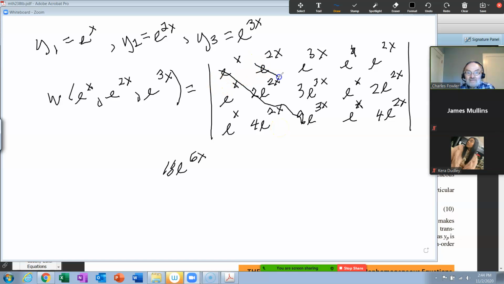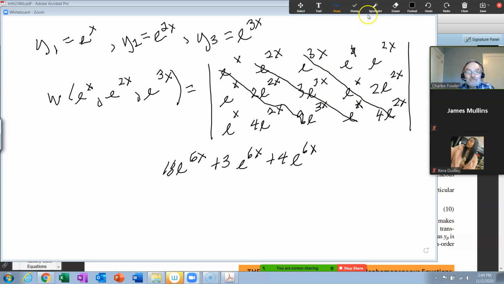Go to the second downward diagonal here, and that would be plus 3e to the 6x. The third downward diagonal here would be a plus 4e to the 6x. 3x plus x is 4x plus 2x is 6x.